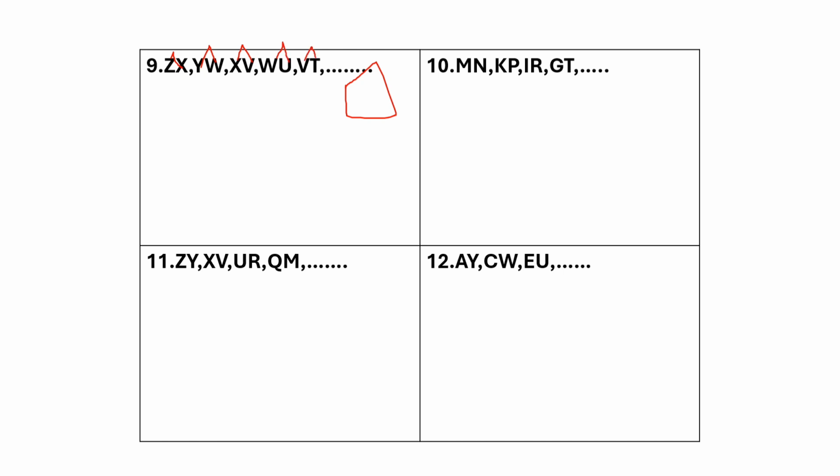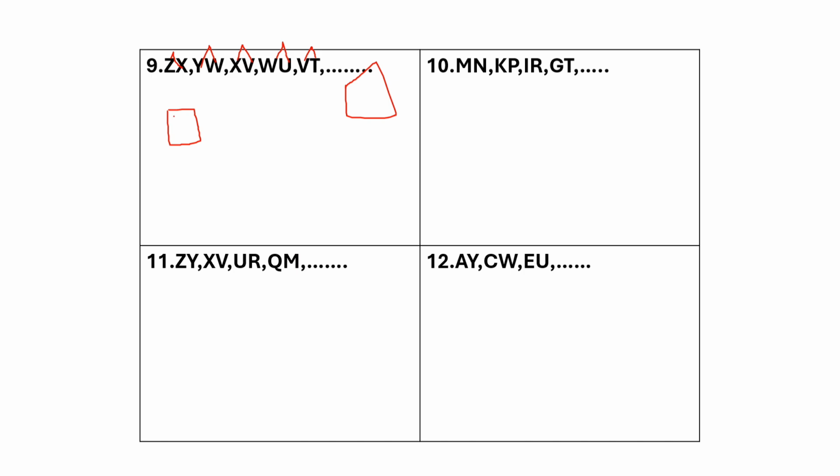So, for the next term, first we will check what is the first letter. If we observe the series properly, we can observe Z, Y, X, W, V are in the reverse order.